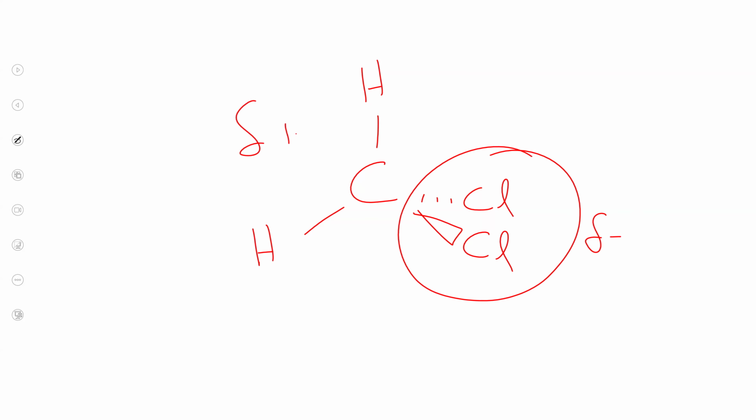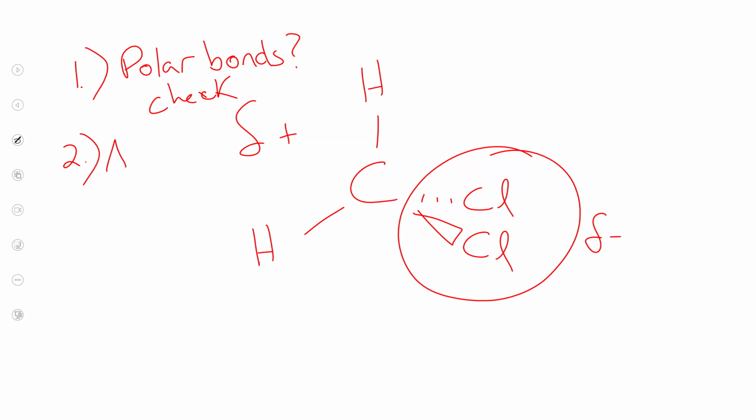This side of the molecule is going to be a partial positive because the hydrogens are less electronegative than the carbons, which is less electronegative than the chlorine. So this molecule as a whole is polar because one, it has polar bonds, and two, it has asymmetry.